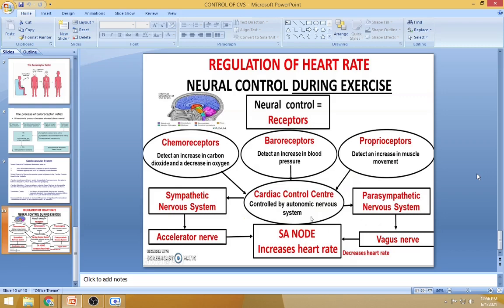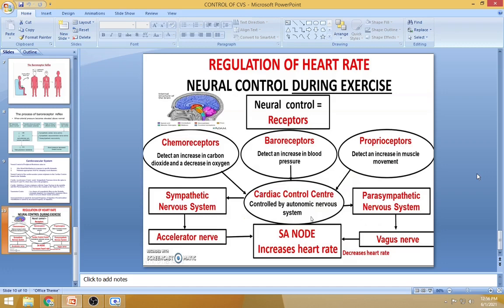All these would be changed by these receptors that are present in the cardiovascular system as a whole. Okay, clear? Not only the cardiovascular system, but even outside the cardiovascular system, like in the muscle also. Okay, or in the joints, in the muscle, in the joints. Receptors are present in different places.